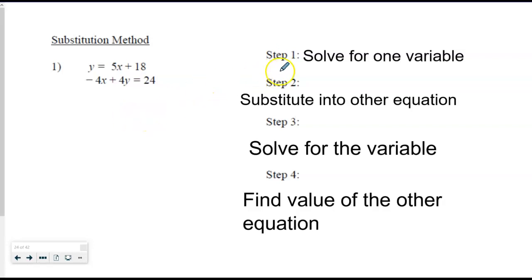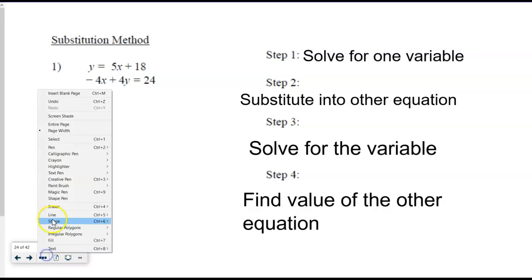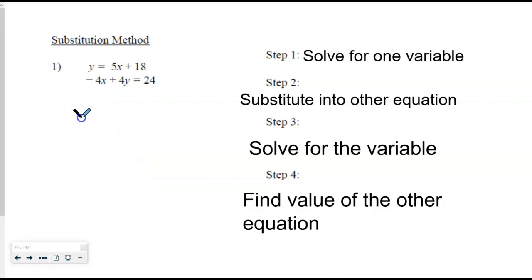Alright, so step 1, we want to make sure that one variable is solved for, that is, we have a y that's totally by itself. So we know y equals 5x plus 18. Okay. So we have a variable by itself.